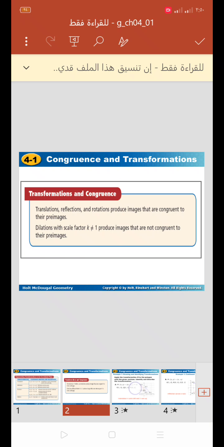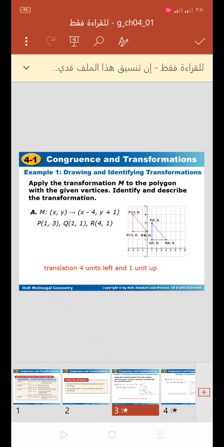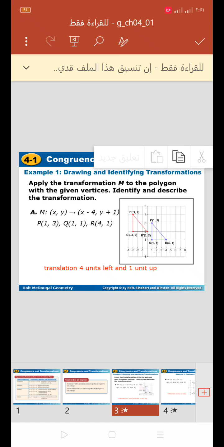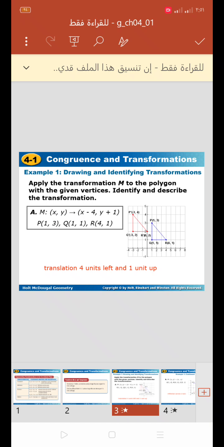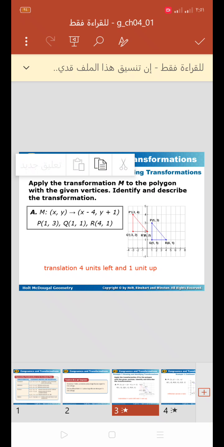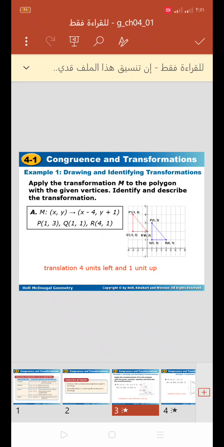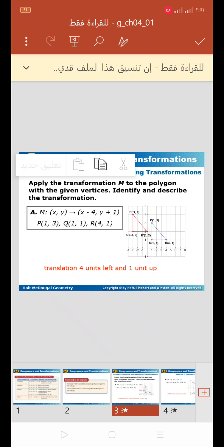Okay, look at the first example. It says to transform the polygon with the given vertices, then identify and describe the transformation. The rule says (x, y) becomes (x minus 4, y plus 1), and the points are P(1, 3), Q(1, 1), R(4, 1).